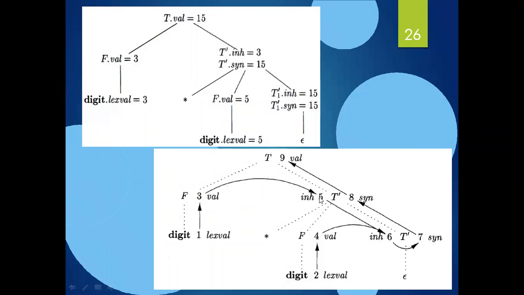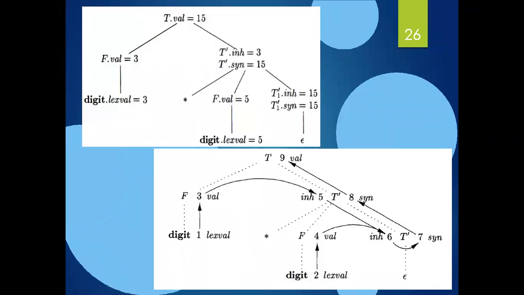This shows the dependency graph, and the dotted line is the original annotated parse tree representation. In this tree representation, we show the dependencies between the synthesized and the inherited attributes, along with an evaluation order.